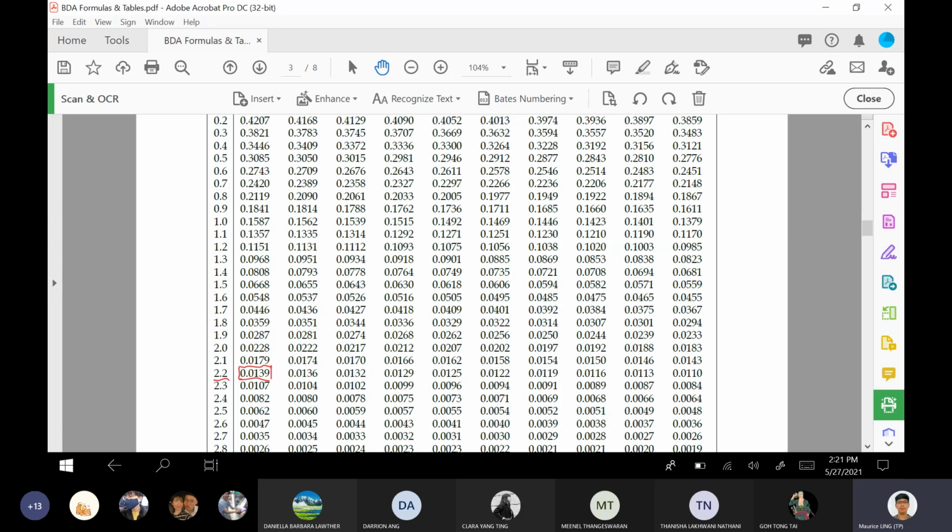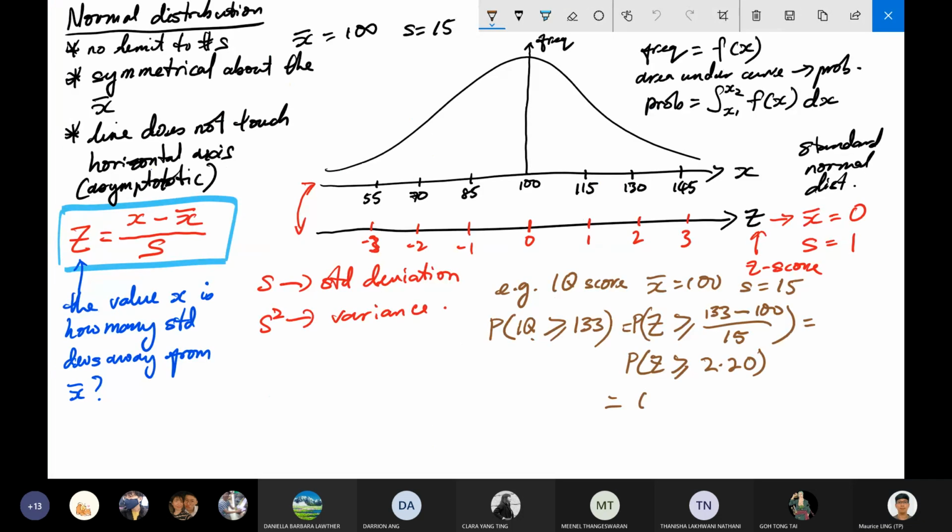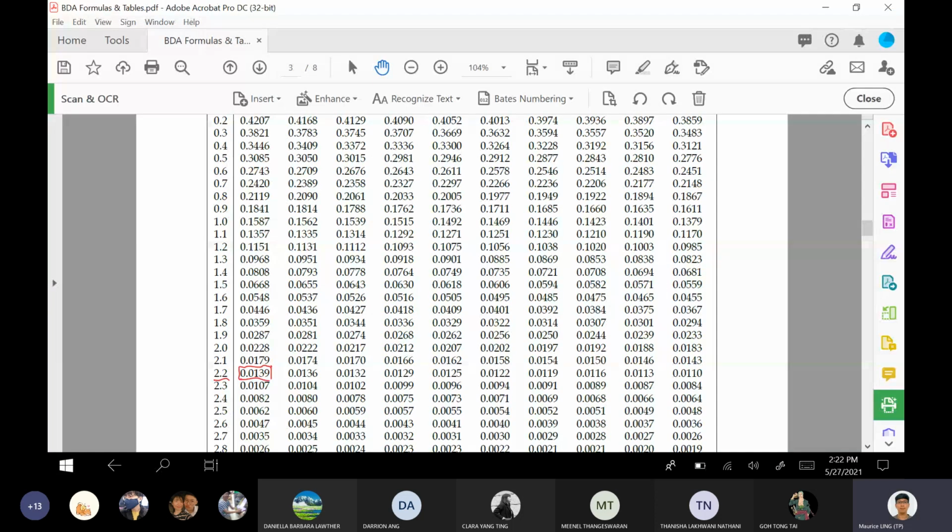So 2.2, it will give you here. 2.20. Is it 2.2 or 2.22? 2.20, right? Okay. So here gives you 0.0139. Yeah. Okay.